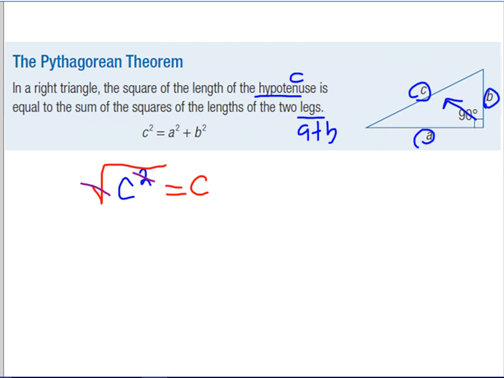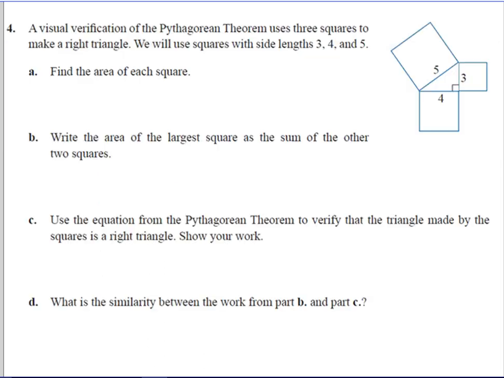So let's take a look at an example that shows us kind of why this formula works. And so here's a visual representation of squaring. We know that squares are side times side, just like squaring a number. And so notice we have a square of side length 4 next to this leg, a square of side length 3 on this leg, and then the hypotenuse has a square that has 25.